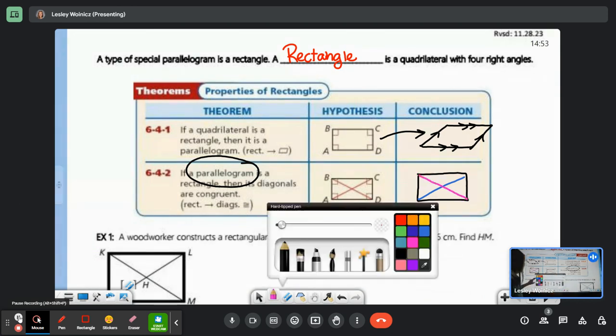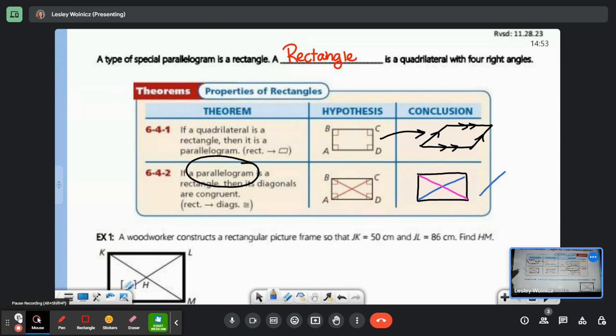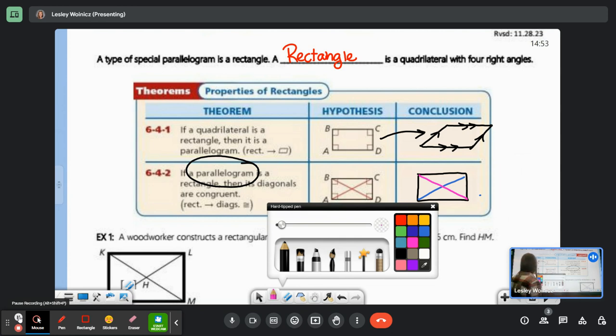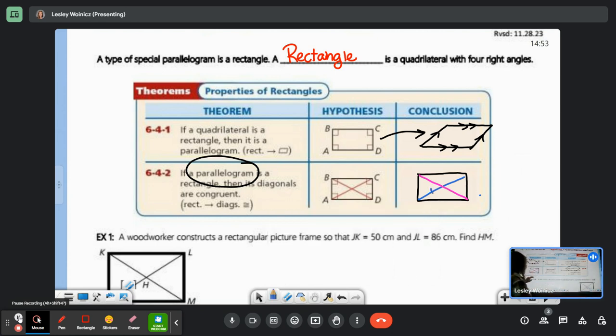I'm just going to say that blue is congruent to the pink one. That way we don't have to name them. Oh, okay, they were already named. Well, it gets confusing because if I mark this congruent, am I talking about that whole thing or just that little part?